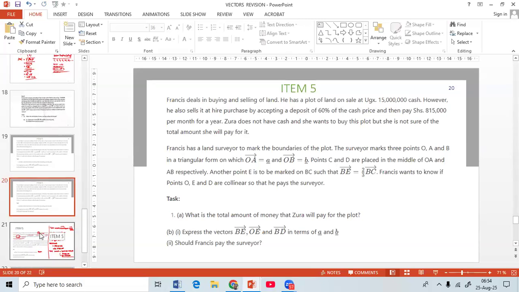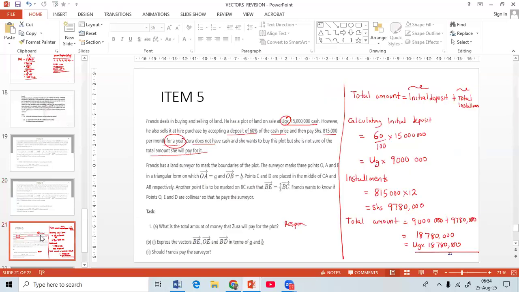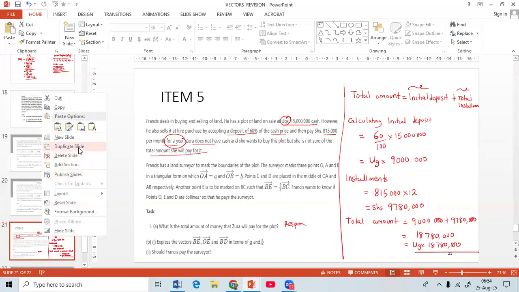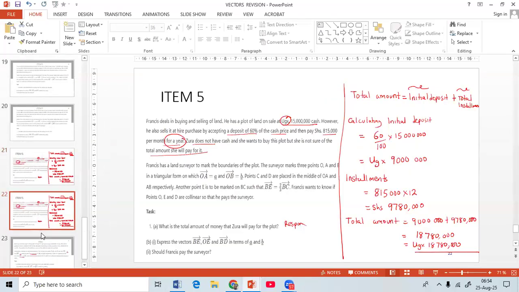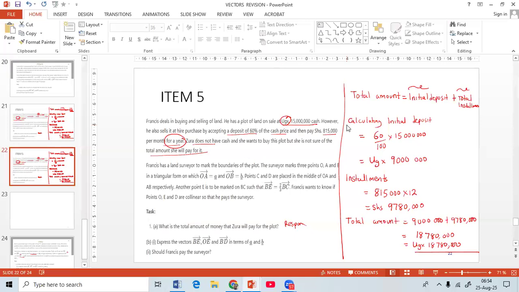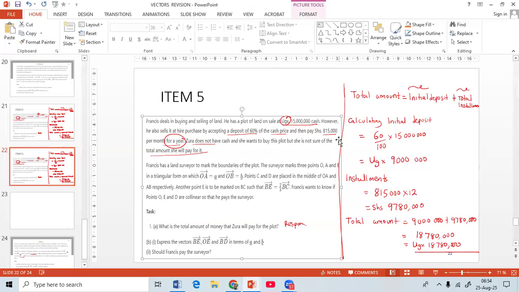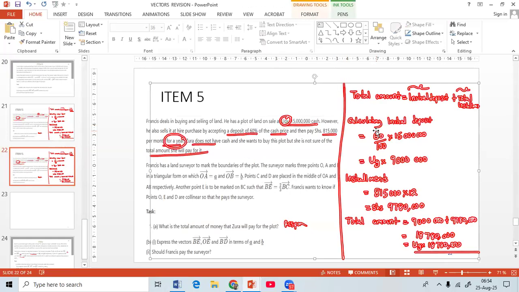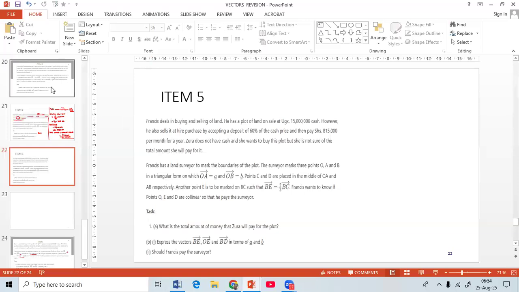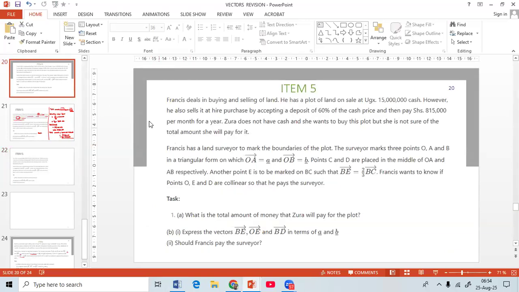Everyone, first come up with your own sketch. Yes.